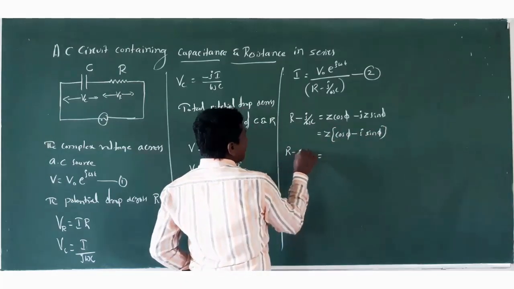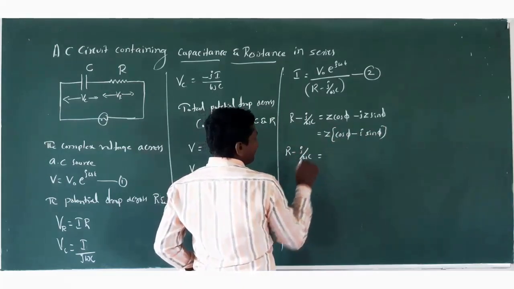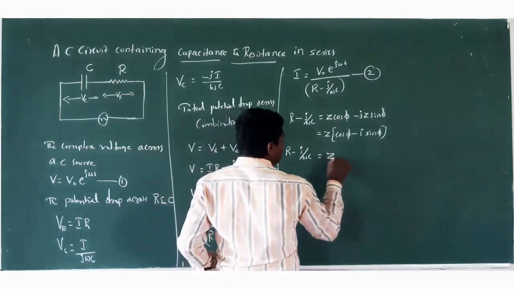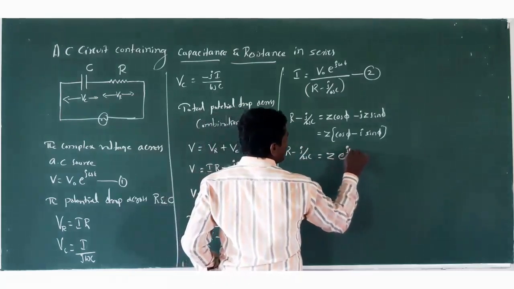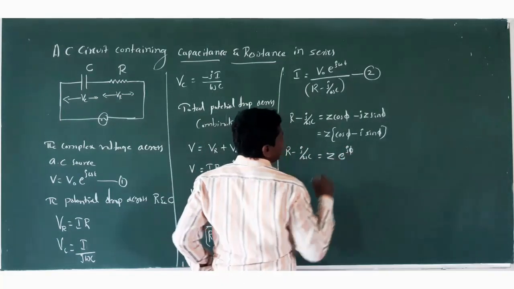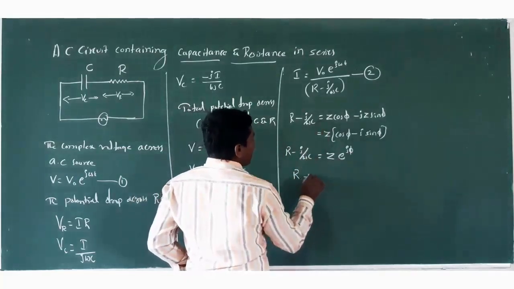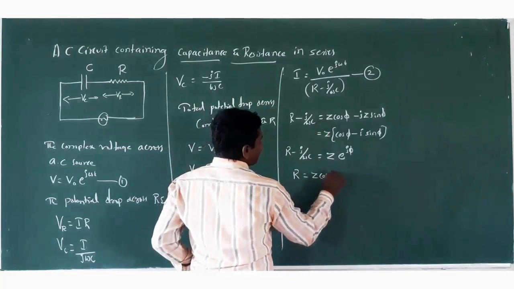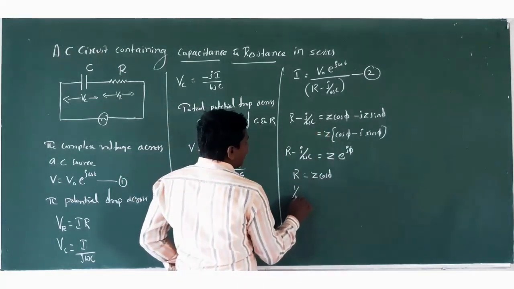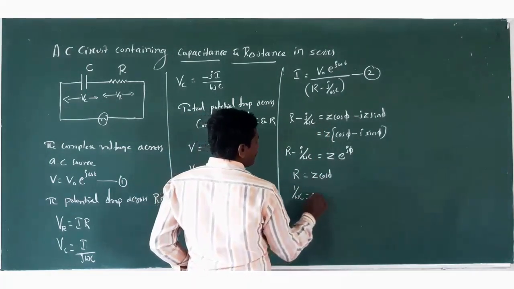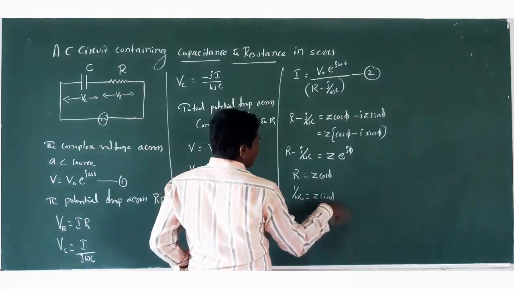Therefore R minus j divided by omega c can be written as z into e raised to j phi. Even R can be written as R is equal to z cos phi, and 1 divided by omega c is equal to z sin phi.